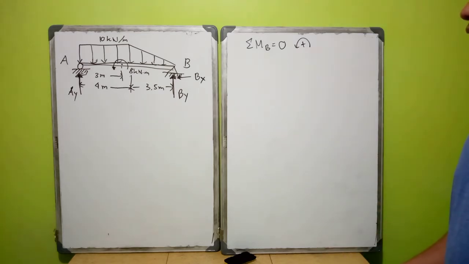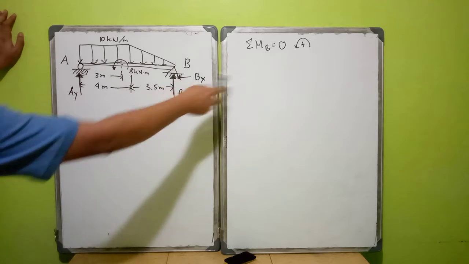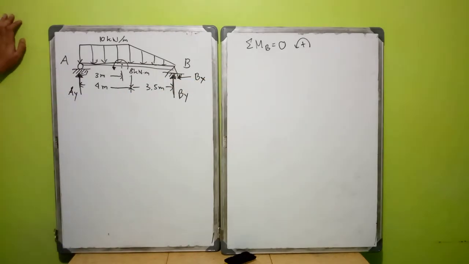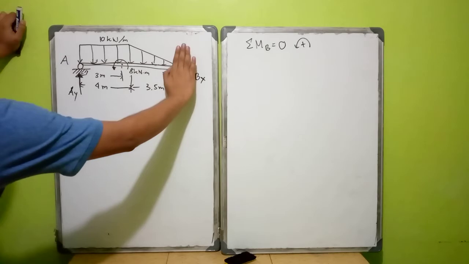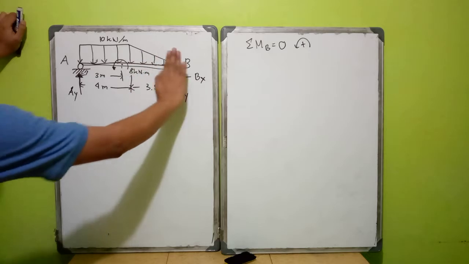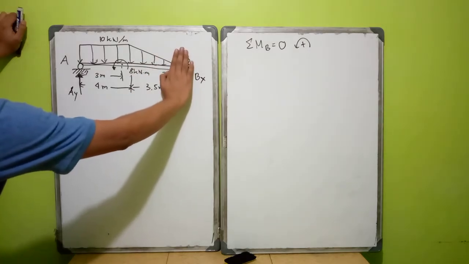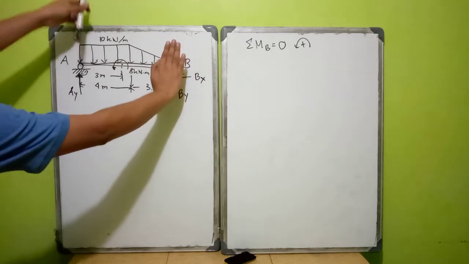Since we are summing up moments at B, we take point B as the fulcrum of this beam, and everything rotates relative to B. So this is your steady point or fulcrum, and the rest will rotate.